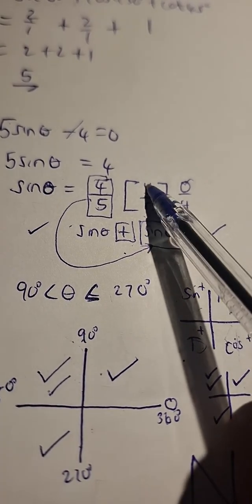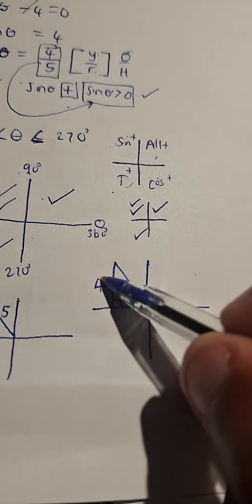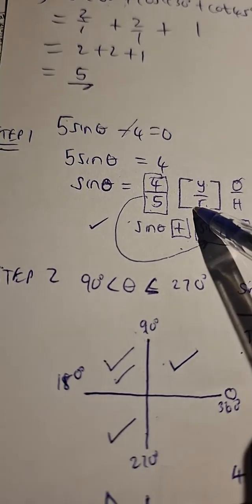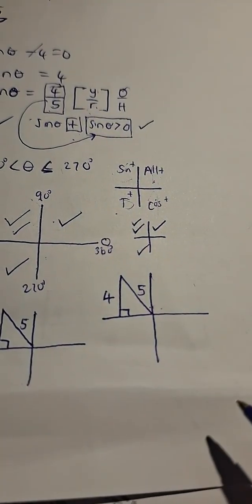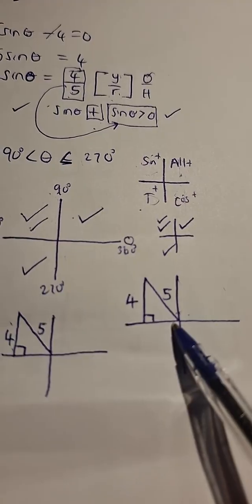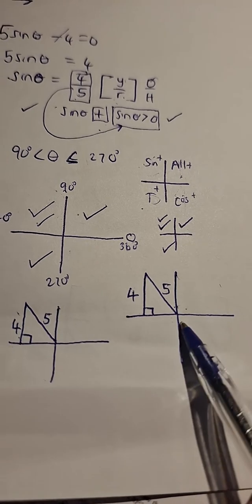Y is 4, the y-axis is 4. 5 is the hypotenuse. This bottom part, we need to find the value of x.